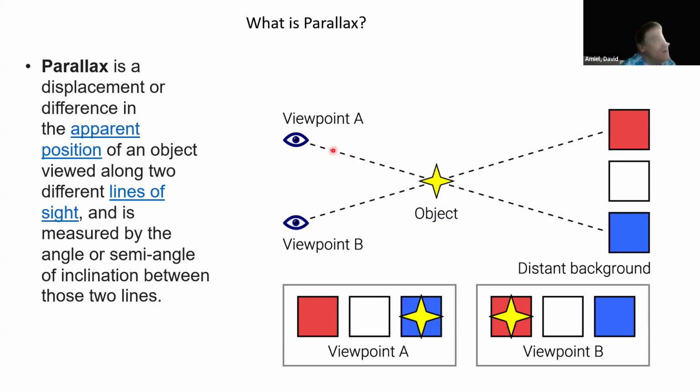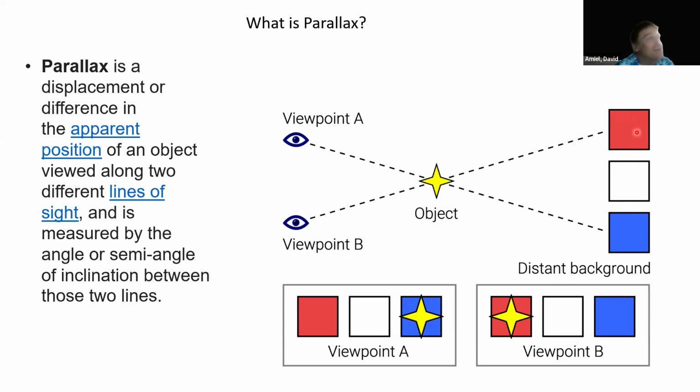And you're seeing, if you're looking at the closer object from viewpoint A, you're seeing the background here is blue, indicating a different set of stars. And from viewpoint B, now the background is red. Red, a different set of stars.